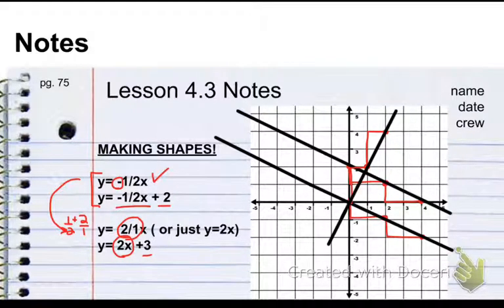In this case, I'm going to do plus 3. So I start at plus 3, and I go up 2 over 1, up 2 over 1, and maybe even go back 1, down 2. You get the pattern. Once I do, it creates a line parallel to that third one. And inside, I've created a little box, by putting those coordinates in.